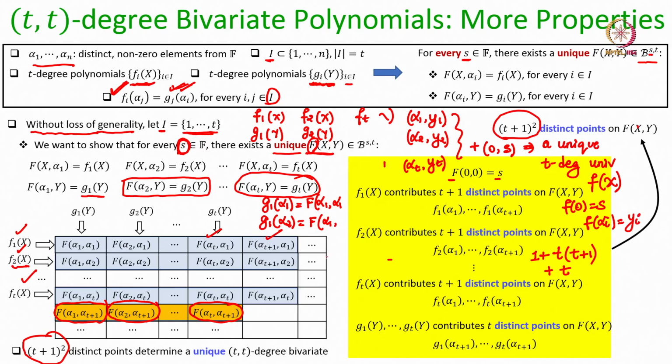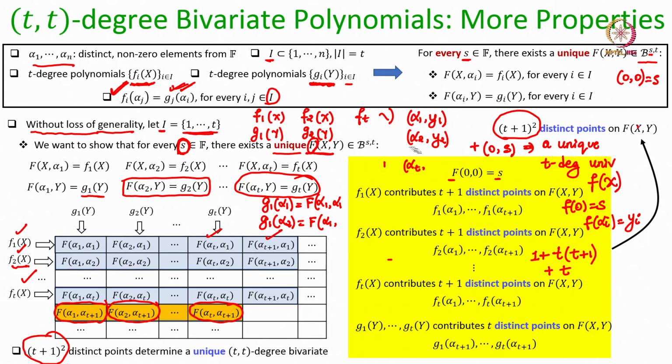For the 2 dimensional case, the generalization is that the constant term is s, that means the 0 0 point is s, and you are given t number of x univariate polynomials and t number of y univariate polynomials.